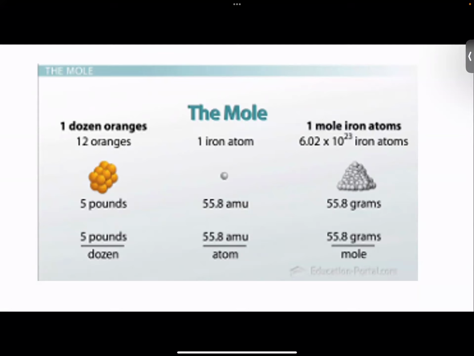So let's use our imagination to understand what a chemist dozen is, if you will. What the mole means. If I take the mainland USA, in other words, minus Hawaii and minus Alaska, if I just take mainland USA and stack it 70 feet high in marbles, I will get 1 mole of marble.